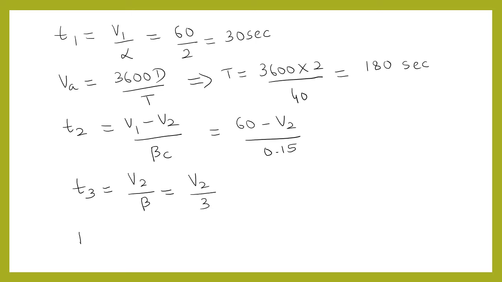The actual time of run T is equal to T1 plus T2 plus T3. So we have 180 equal to 30 plus 60 minus V2 by 0.15 plus V2 by 3.